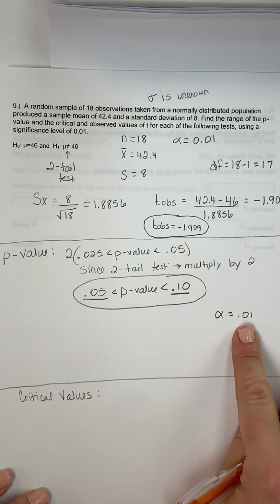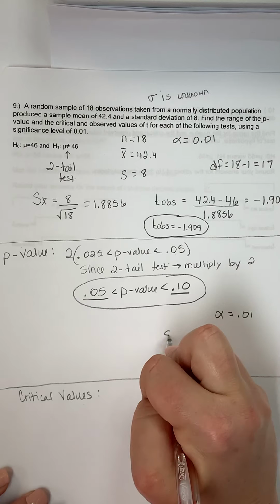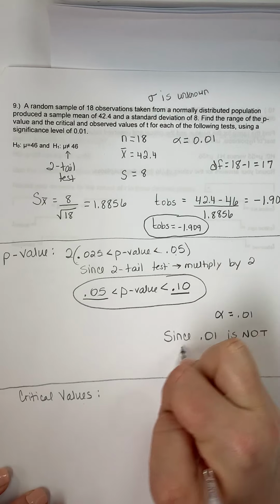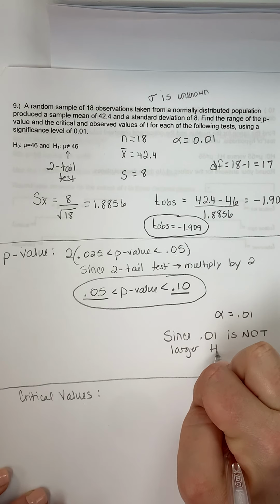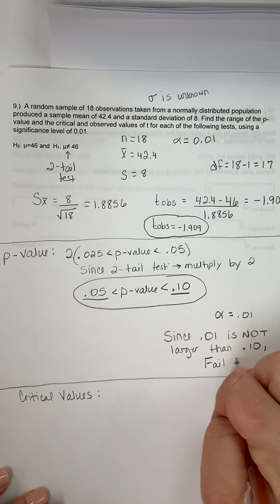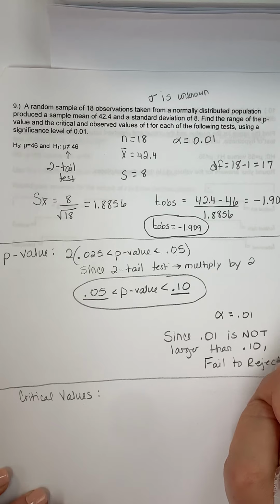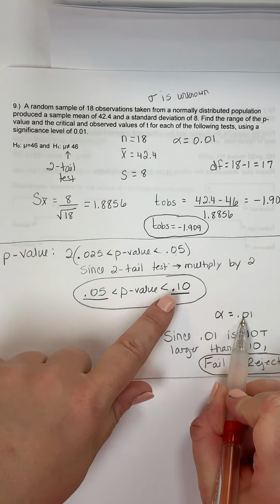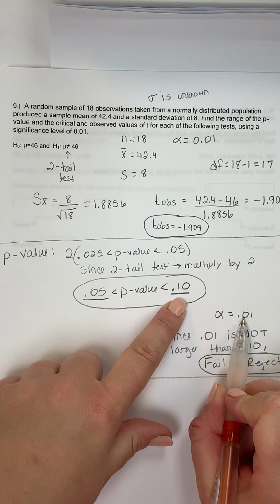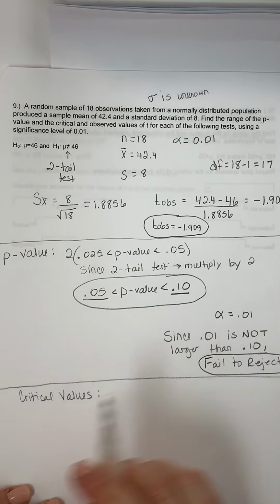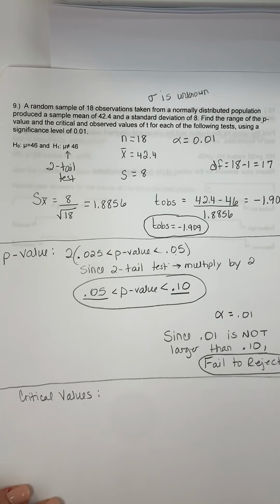This is not larger than 0.10. So, since 0.01 is not larger than 0.10, I'm going to fail to reject. I know it didn't ask me that, but I'm just throwing it in there. So I compare my significance level to my largest p-value. If it's bigger, I reject. If it's smaller, I fail to reject. It's not significant enough for us to reject the null.